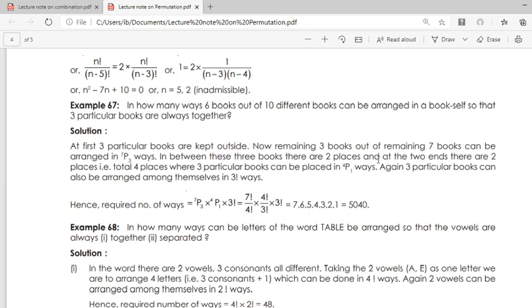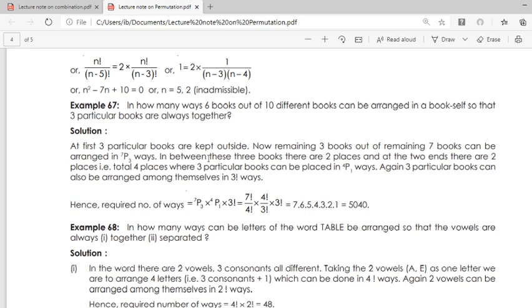That's 3 factorial. When 3 particular books are kept aside, you are left with 7. So 7 can now be arranged in 7 permutation 3 ways. That's, you are taking 3 out of 7.